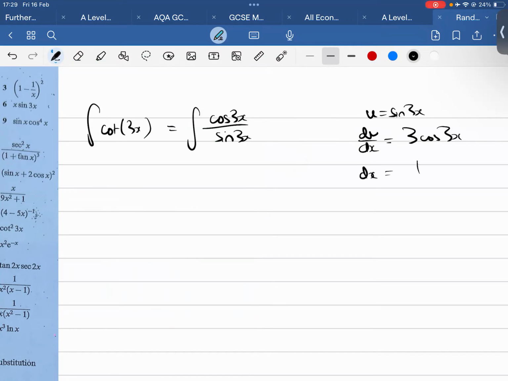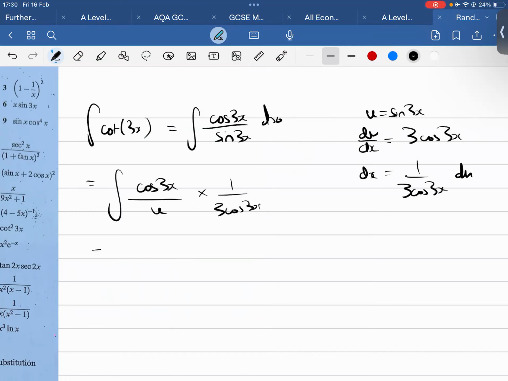So dx is 1 over 3 cos 3x du. So that's cos 3x over u times 1 over 3 cos 3x, which is a third of 1 over u, which is a third ln u plus c, and then put u back in.